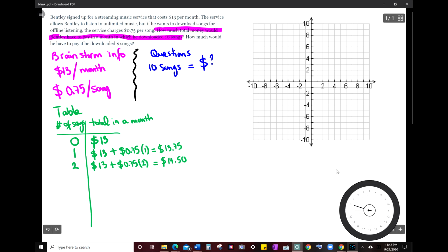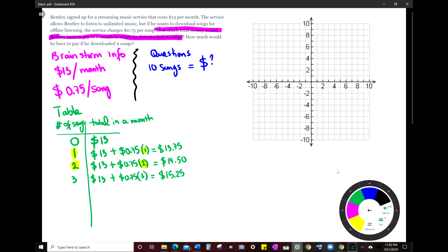So keep in mind this number right here, 1 right here, 2 is right here. Okay, and keep going with this. So then 3, I have 13 plus 75 cents times 3 songs, so I get $15.25.